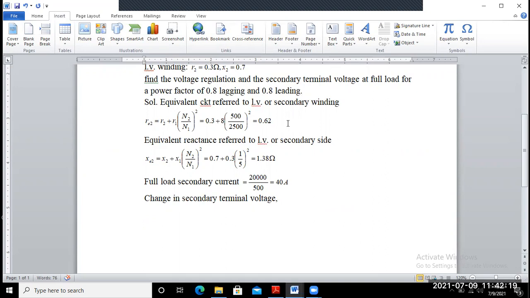You already found the value of RE2 and XE2 as well as the secondary full load current. So just put them in this formula and you will get the change in secondary terminal voltage.